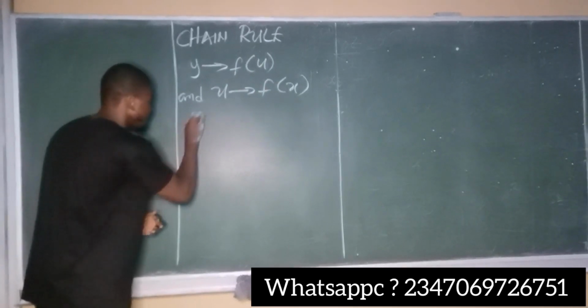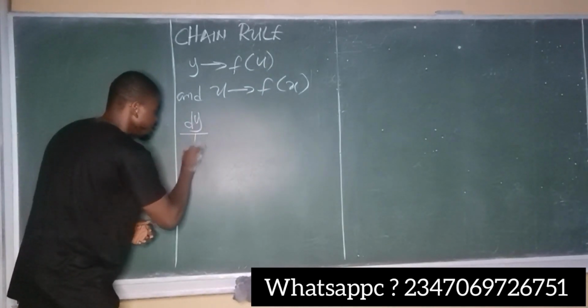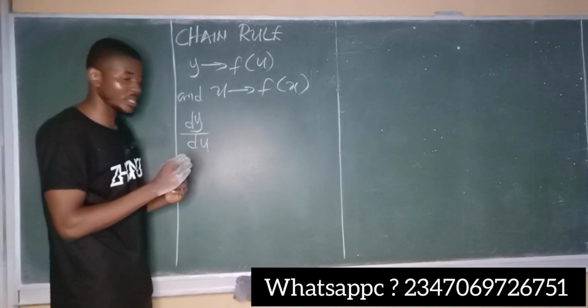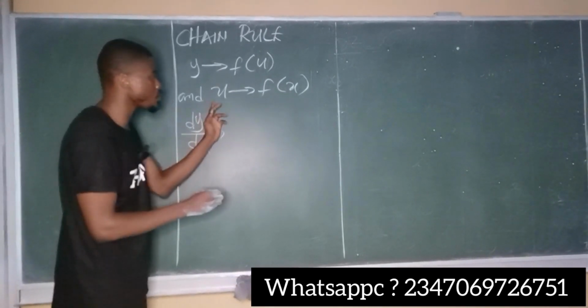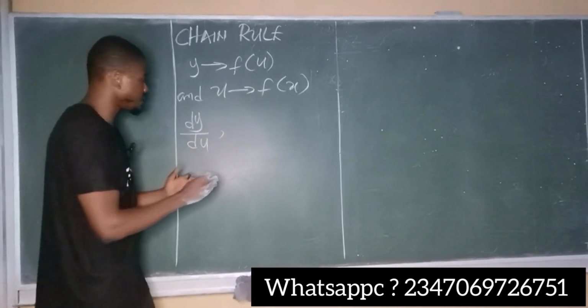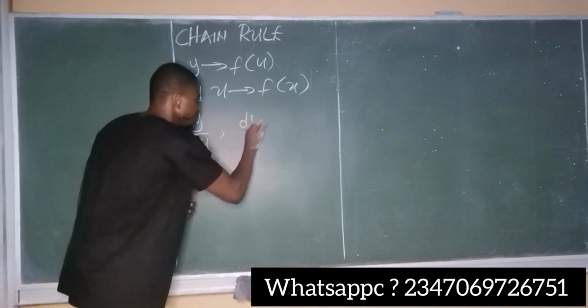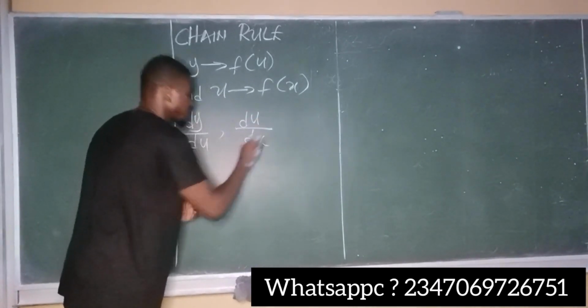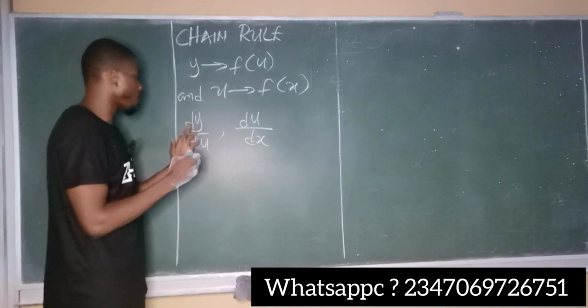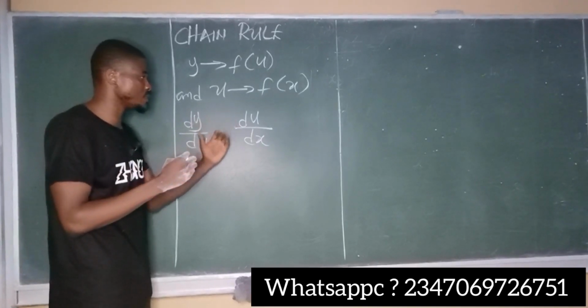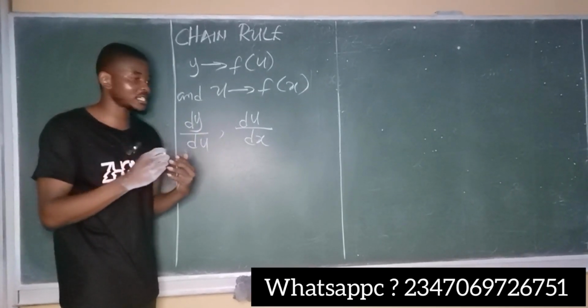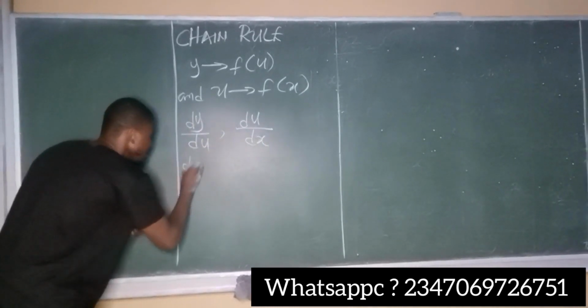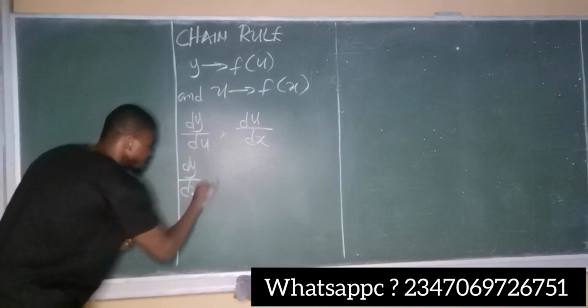So I can simply find dy/du. Also, since u is a function of x, I can also find du/dx. And let's say the question says I should simply find dy/dx.